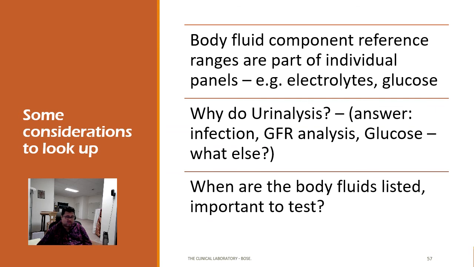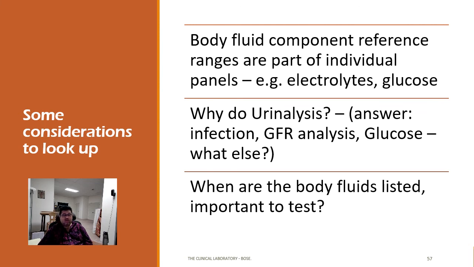So the considerations for looking up, or the guidance that I'm trying to give you, is that body fluid component reference ranges are part of individual panels and organ studies. For example, electrolytes and glucose could be part of endocrine studies.